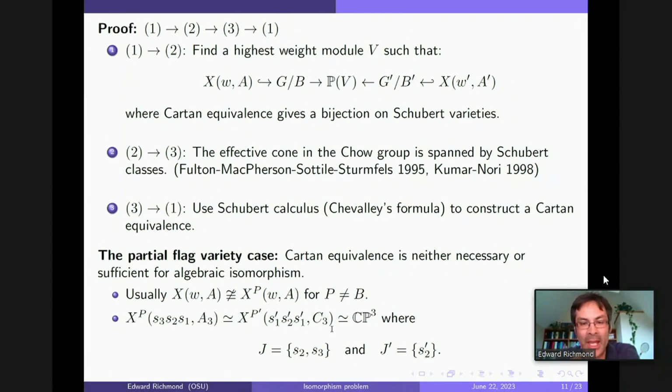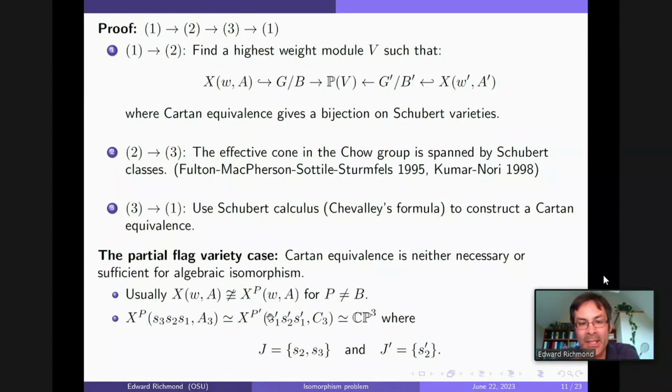But it's well known that every line is isotropic with respect to a symplectic inner product. So this is the isotropic Grassmannian of lines in C4. This is just the regular lines in C4. These are obviously the same. They're both CP3. But there's no way that these can be Cartan equivalent.